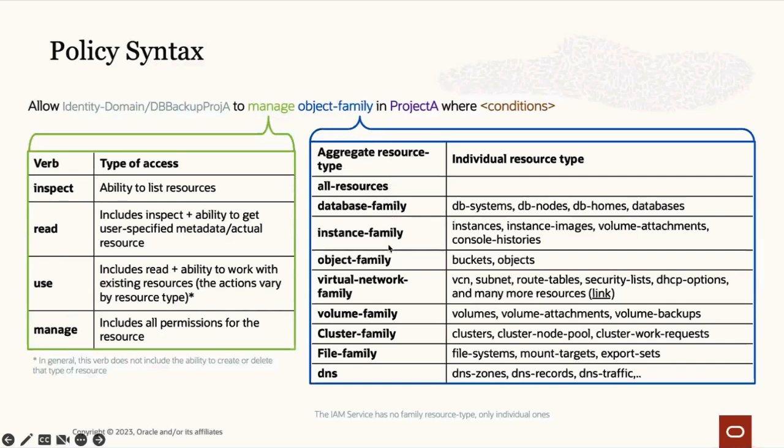You can specify any of these within your policy statement. And then at the end here, this is also where you can add a where condition to make your policy statement more granular. If you want to specify resource ID, compartment ID, that's where you would put that in your policy statement.